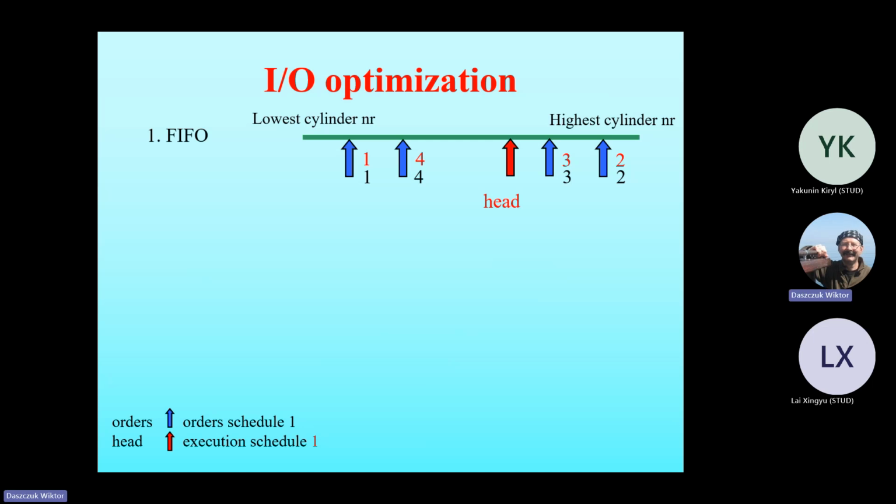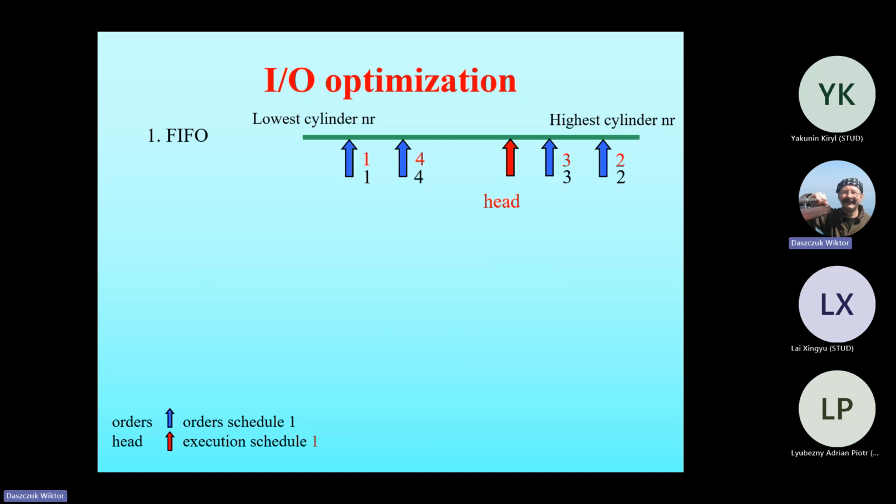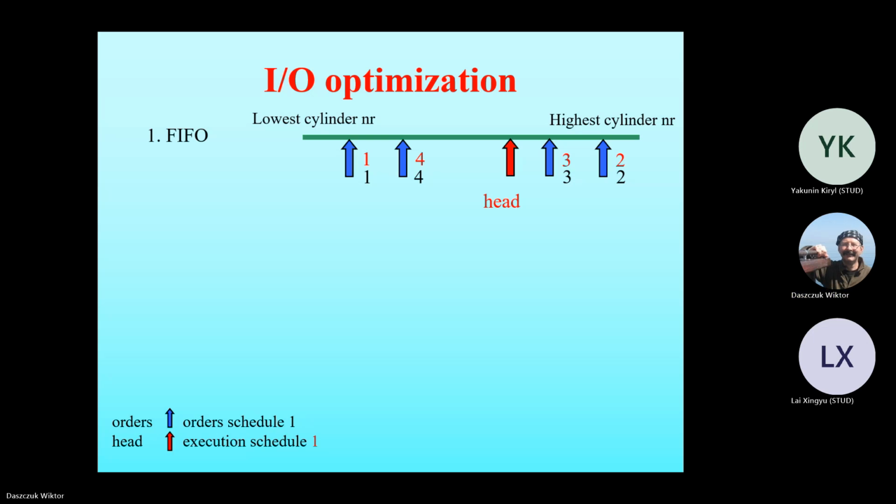So let us look at, it is not optimization. It is basic scheduling of operations, FIFO. It means the transmissions are realized in the order they come to the driver.